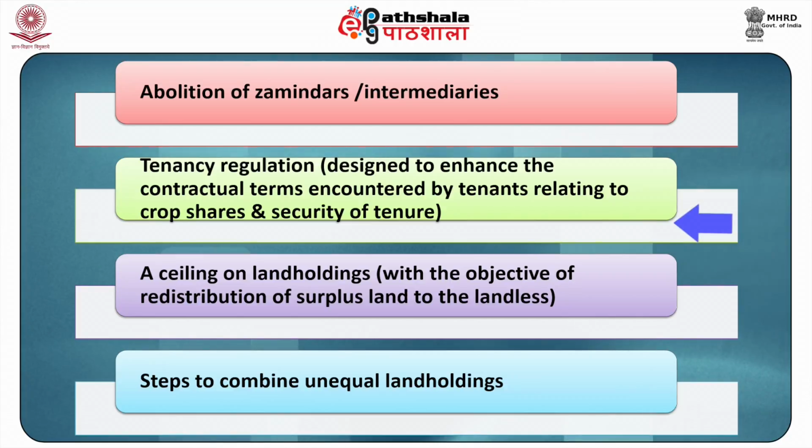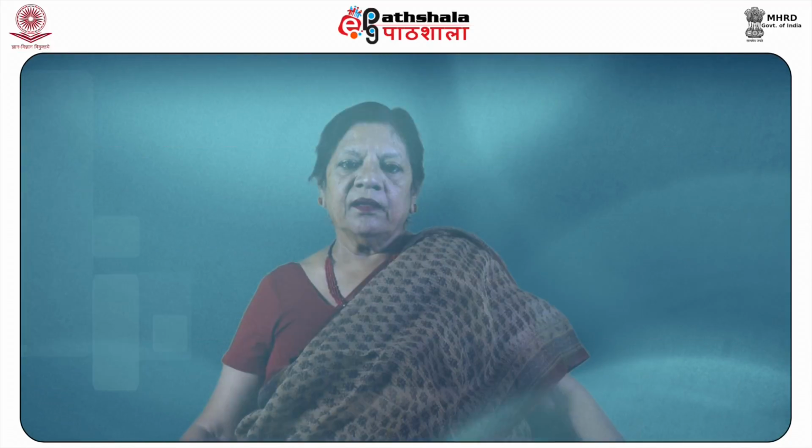Tenancy regulations, that is designed to enhance the contractual terms encountered by tenants relating to crop shares and security of tenure. 3. A ceiling on land holdings, that is with the objective of redistribution of surplus land to the landless. And lastly, steps to combine unequal land holdings.